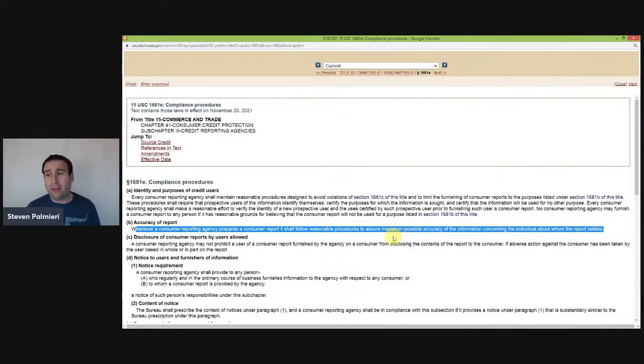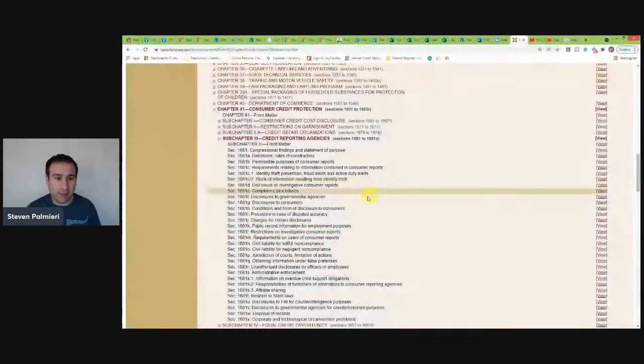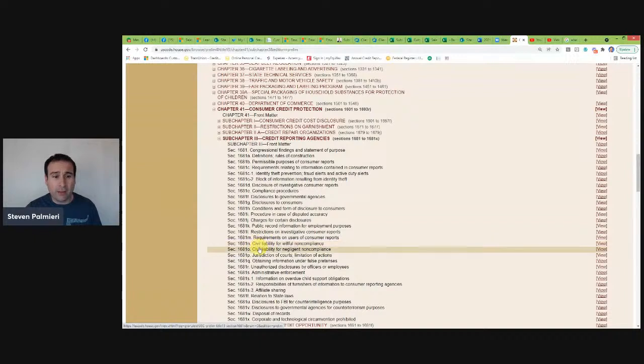Okay, so these two things come together, and if they took away the remedies of defamation, negligence, and invasion of privacy, well, what are your remedies? Now your remedies, which were created under the FCRA, are typically negligent and willful noncompliance, your 1681n and 1681o.